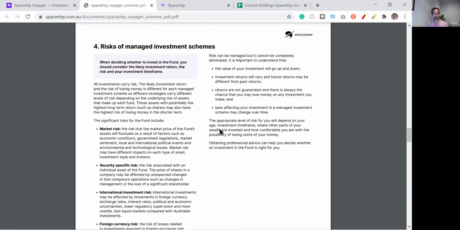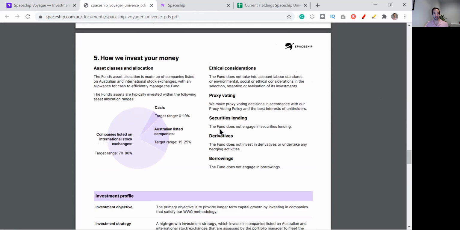But I want to go to the section with the target allocation for that specific fund. We see that the Universe portfolio's target allocation is 70 to 80% in international stocks and 15 to 25% in Australian stocks. They always hold a little bit of cash to make sure that they can distribute future money.